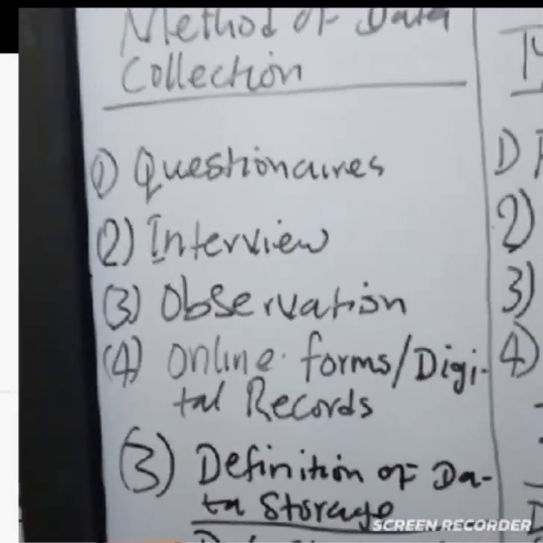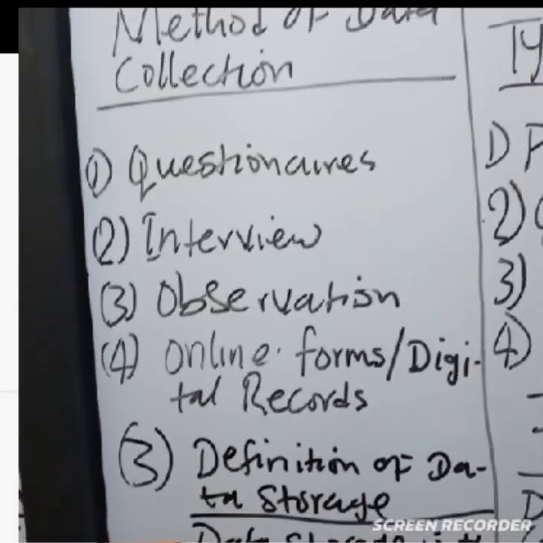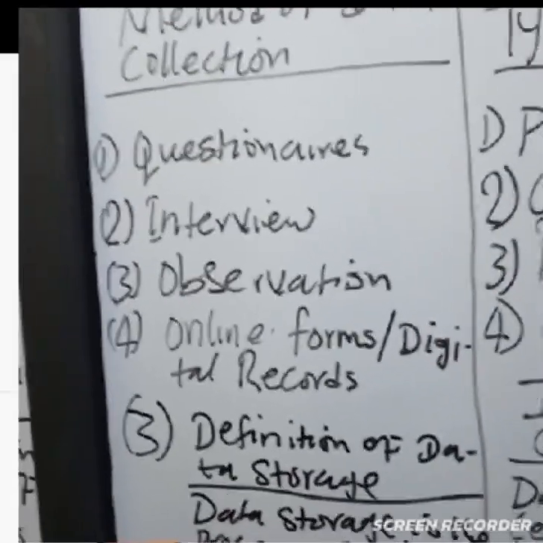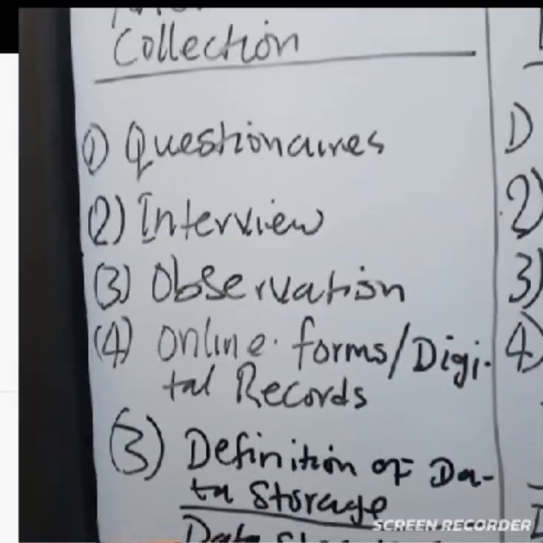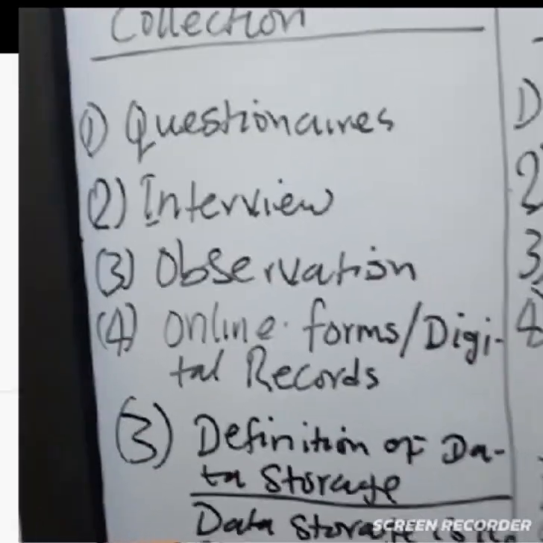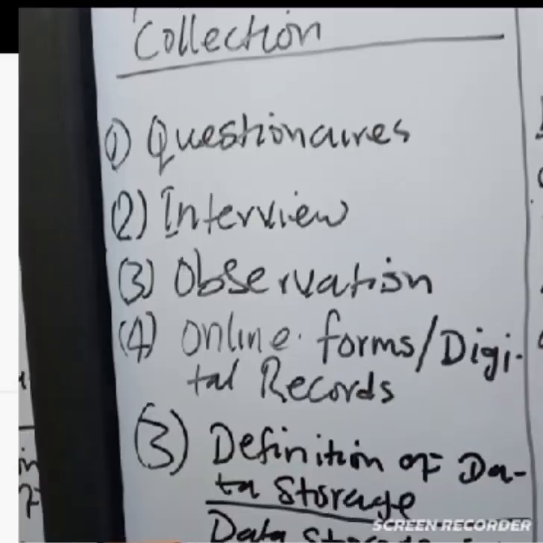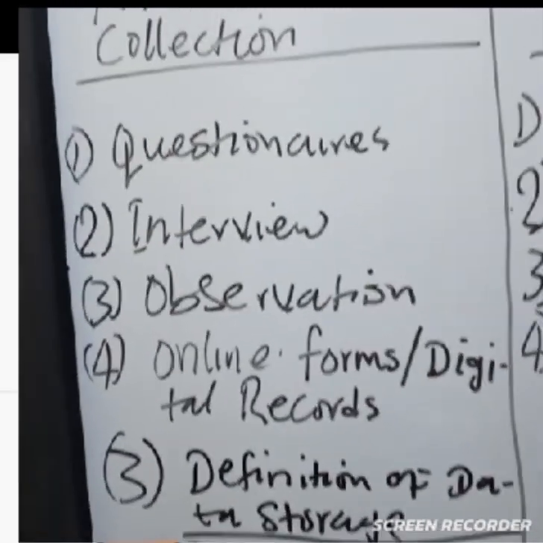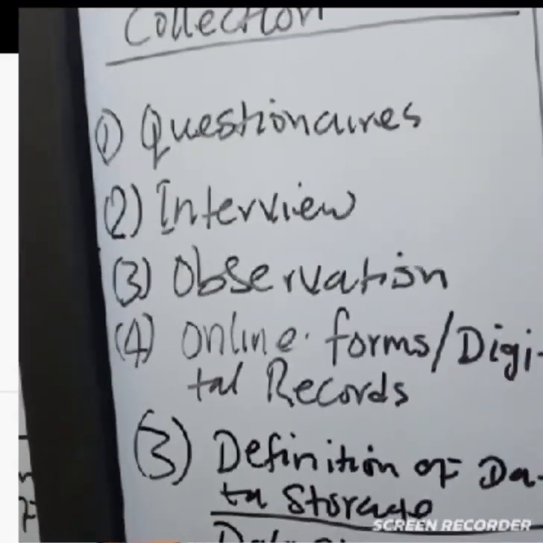Job interview questions are a typical example of an interview. Other examples: a teacher interviewing a new student who just came into the class to know the student's name and so on, and journalists interviewing a public figure like the president, senators, or other public figures.